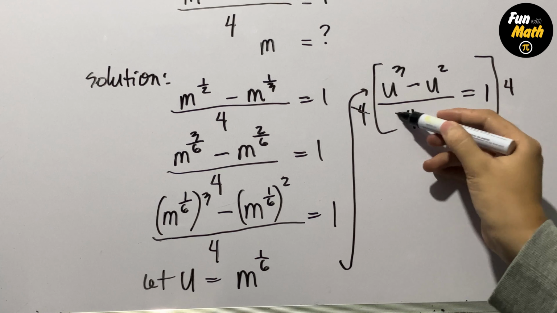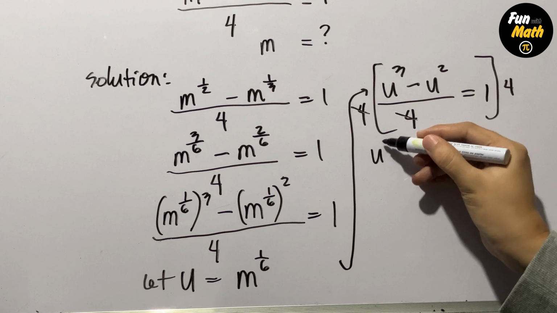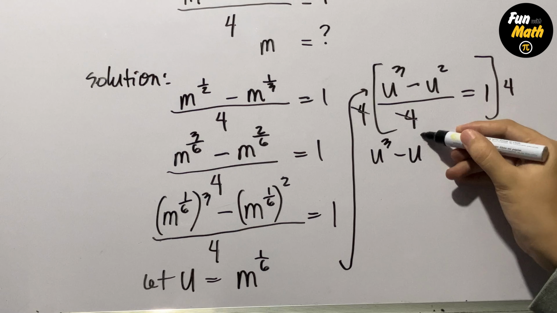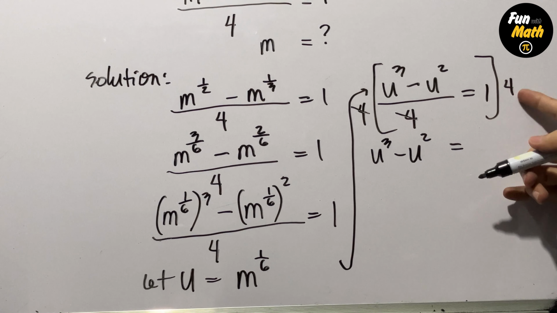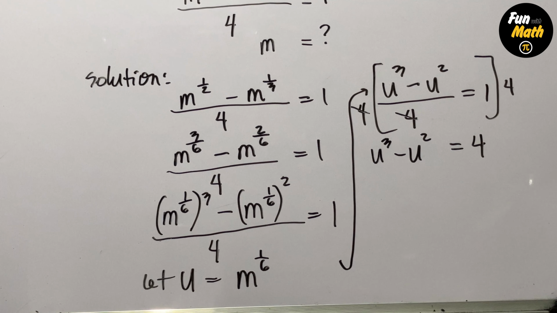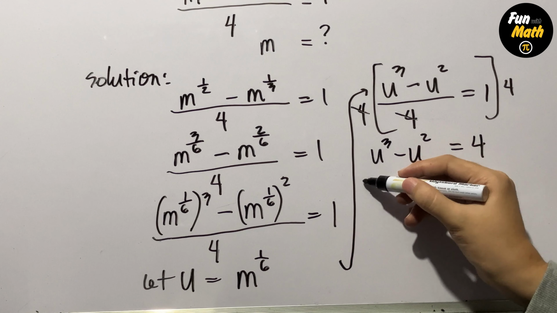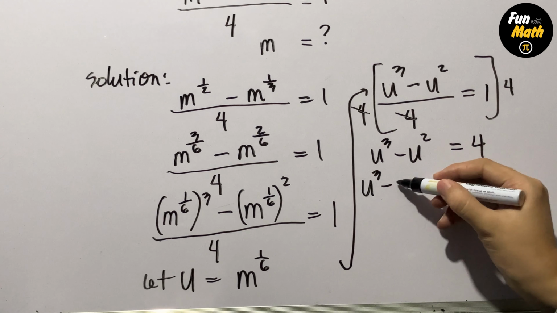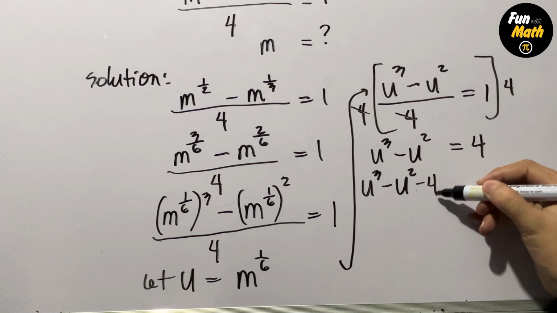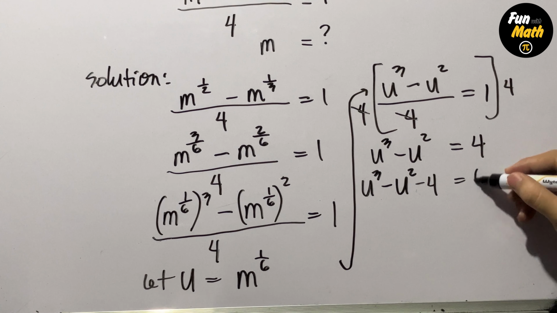So this is cancelled, and we have u cubed minus u squared is equal to 4 times 1, that's 4. Next, we can transfer 4 to the other side. So this is now u cubed minus u squared minus 4 is equal to 0.